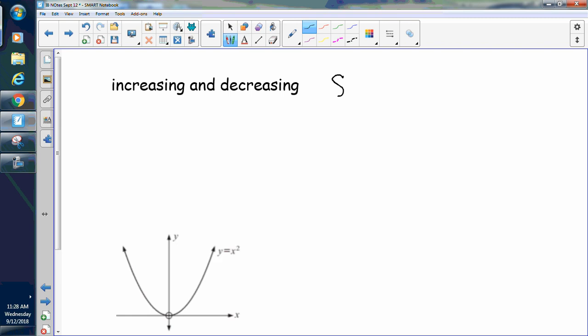So we have an interval S on the domain of some function f of x.